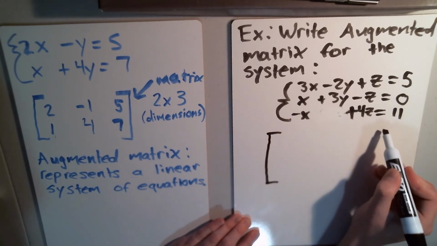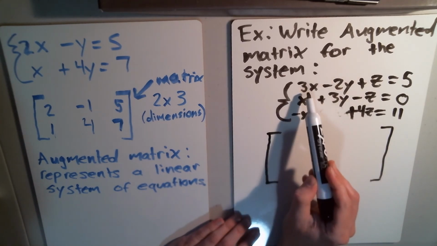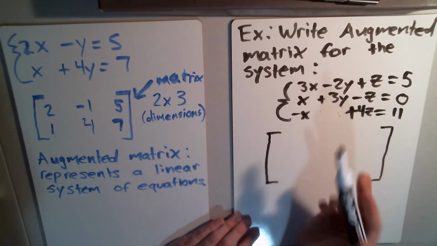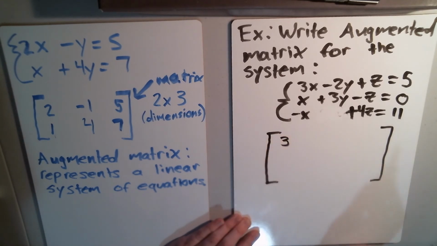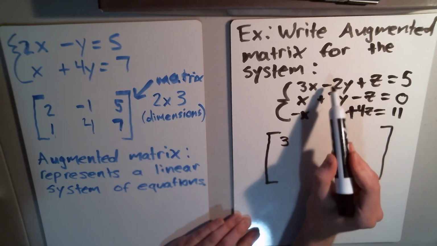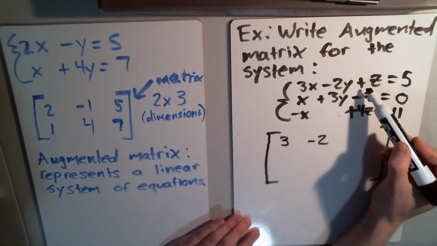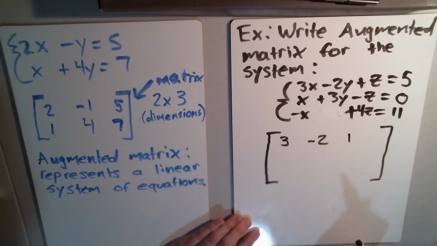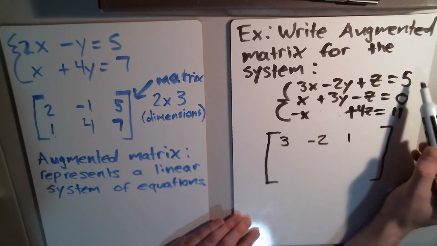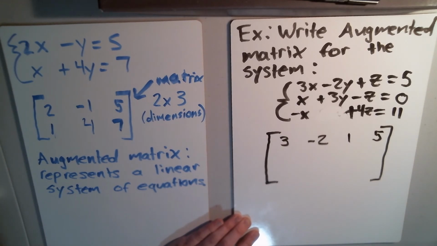So I put my brackets for my matrix, and then my first coefficient for x is 3, so there's going to be a 3 in the first row in the first spot. Then the coefficient on y is -2. The coefficient on z is +1. And then the thing on the other side of the equal sign is 5. Okay?